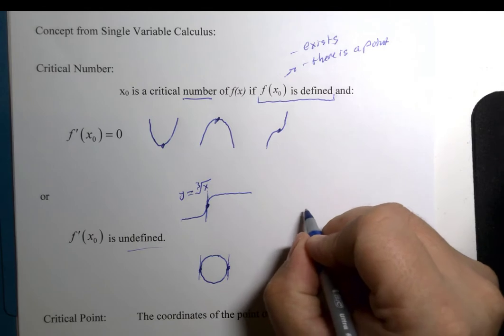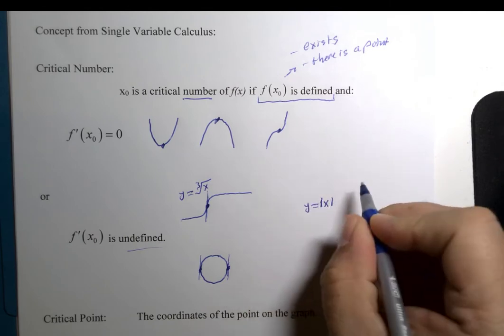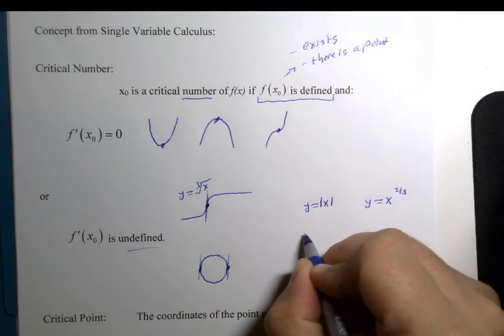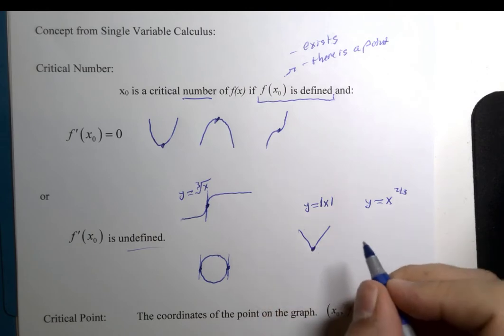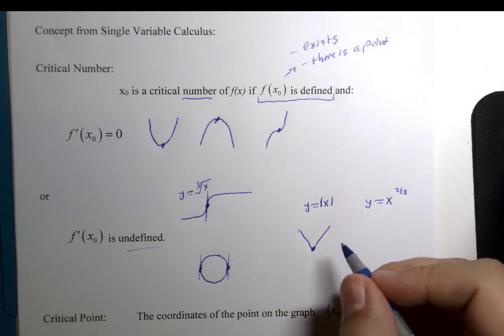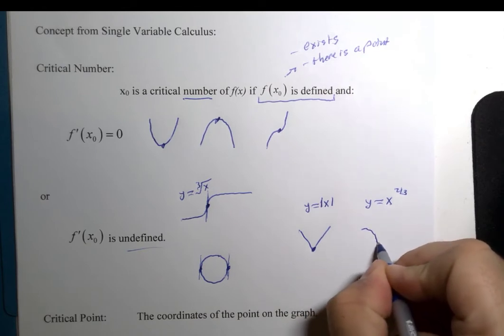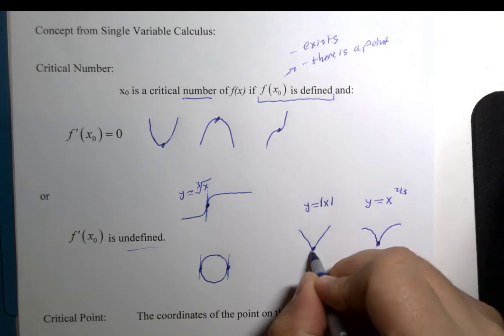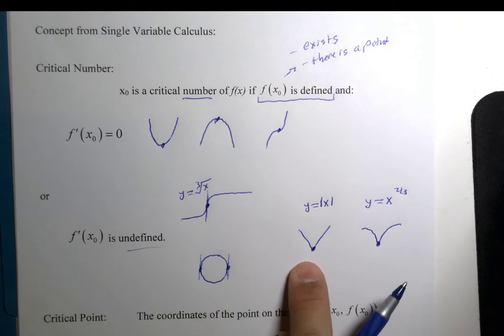And then there's another type of problem like y equals the absolute value of x, or y equals x to the 2/3 power, where we had a place where you simply could not measure the slope and there is no single tangent line there. Both of them have critical numbers at this sharp turn.